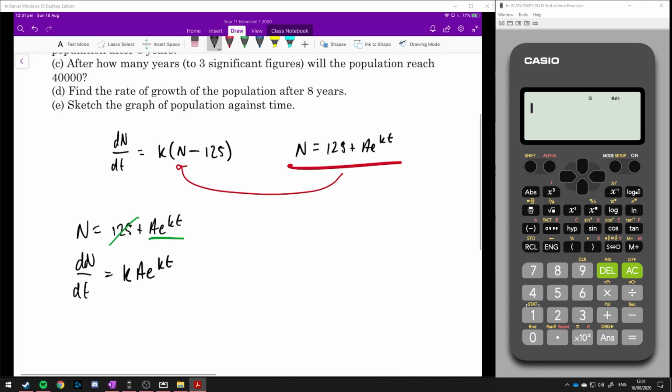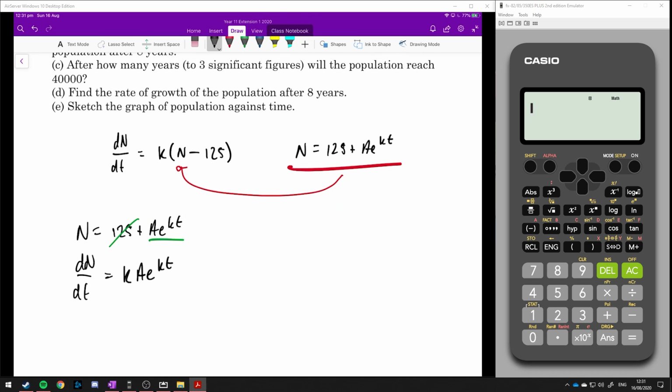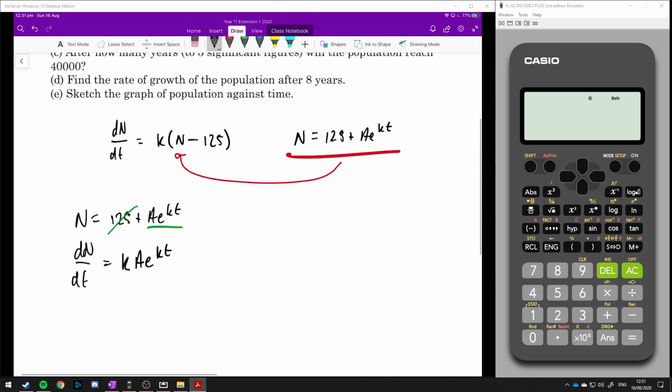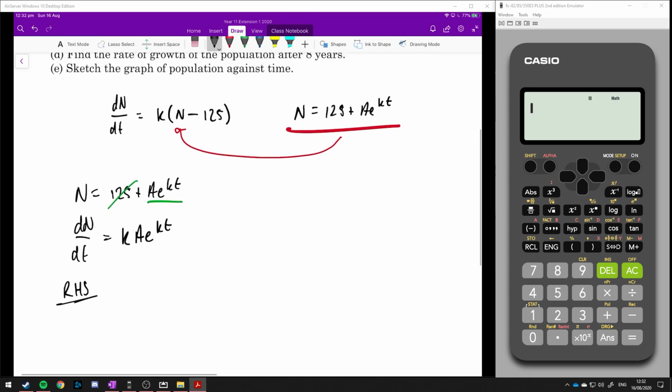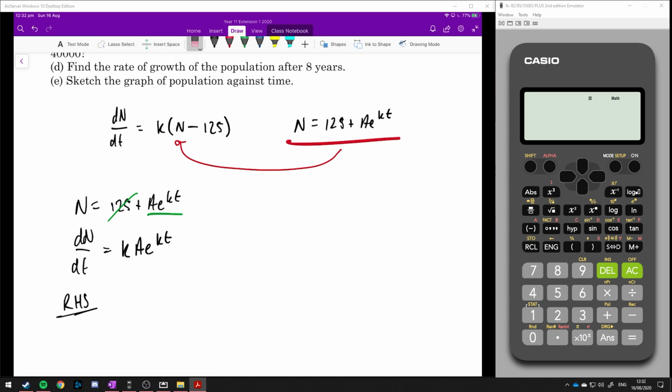Now we also want to show that dN/dt is equal to k lots of (N minus 125). So this is going to be our right hand side. Oh, sorry, this is our left hand side. Jeez, can't even tell my left from my right. We want to show that that's equal to the right hand side, which is k(N minus 125). If we substitute N into this, we get k lots of (125 plus Ae^(kt) minus 125).